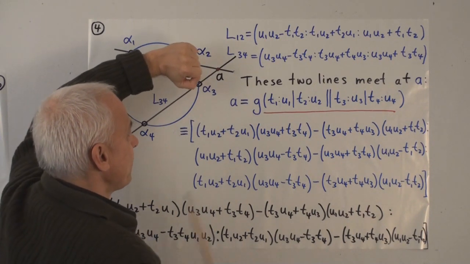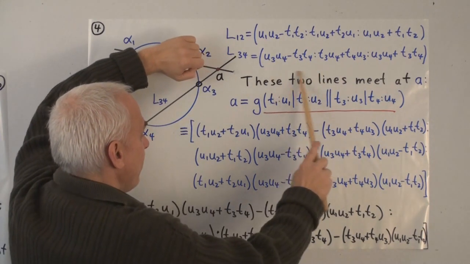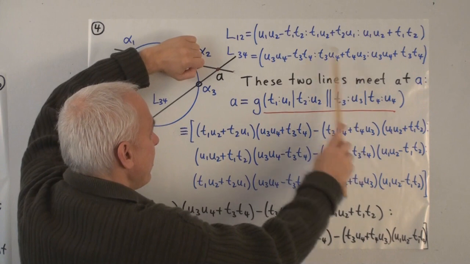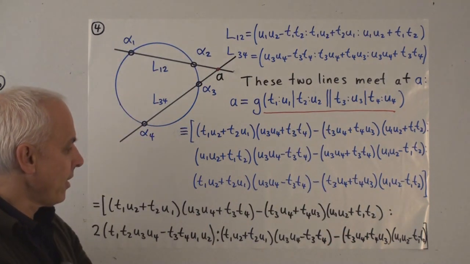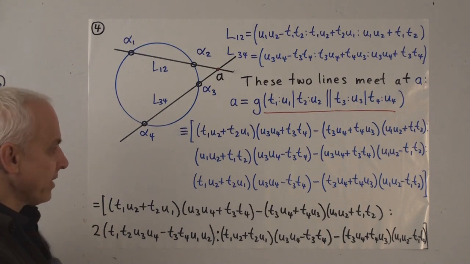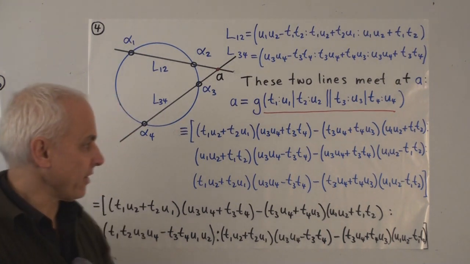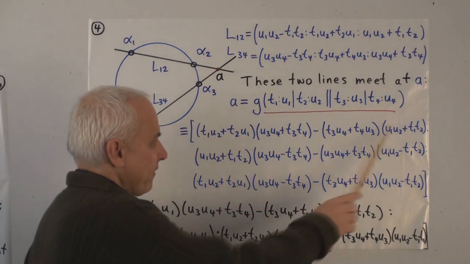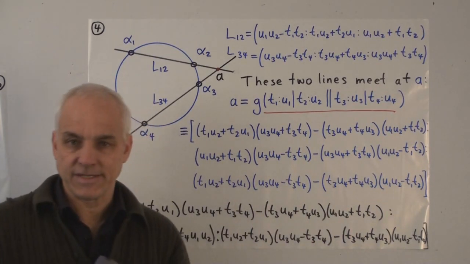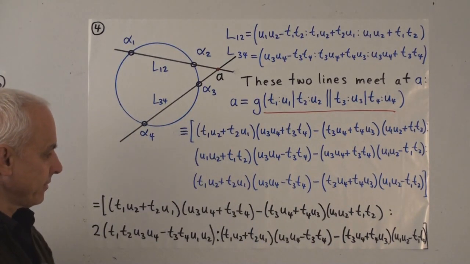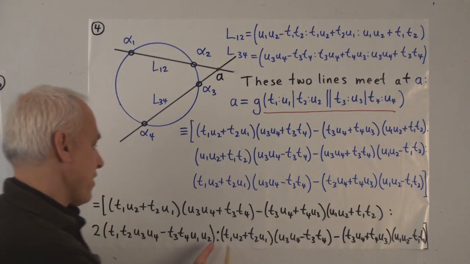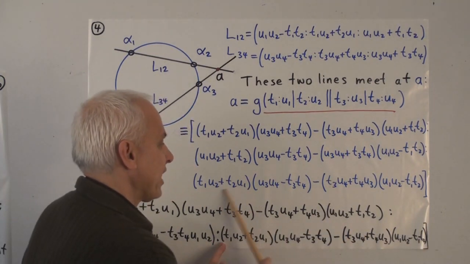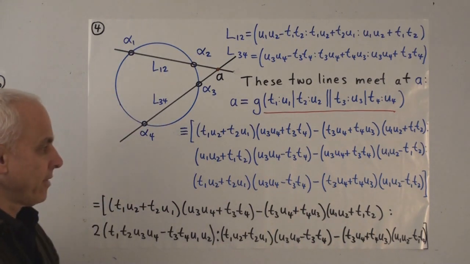And the third entry, this one times this one minus this one times this one. Okay, now I'm going to rewrite it, simplifying it just a little bit. It turns out that the first and the third ones don't really simplify. I'm just rewriting those exactly.